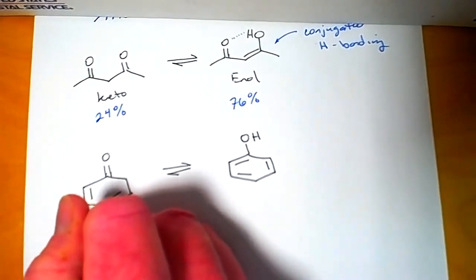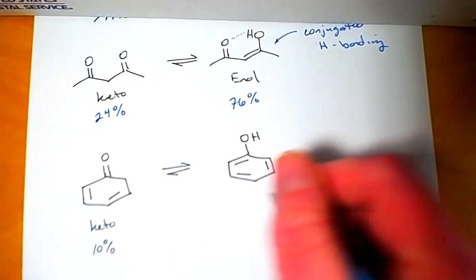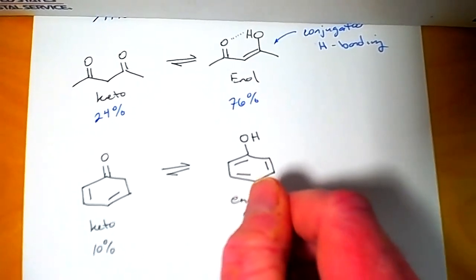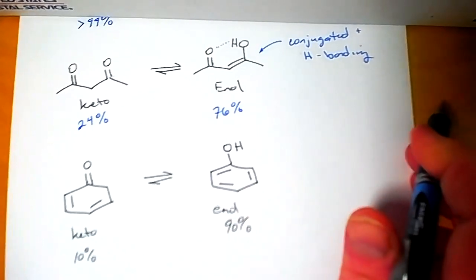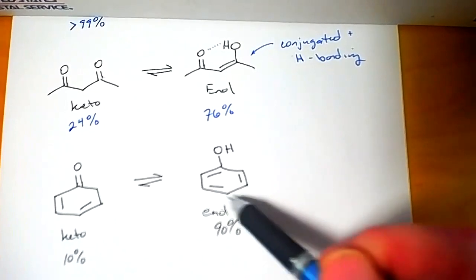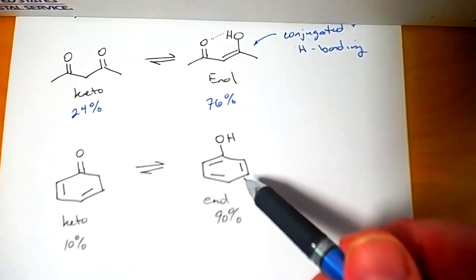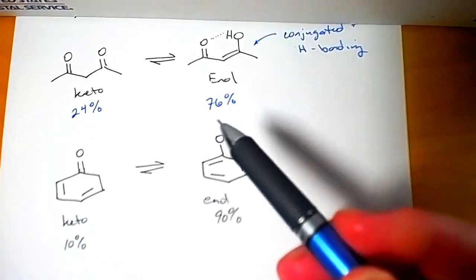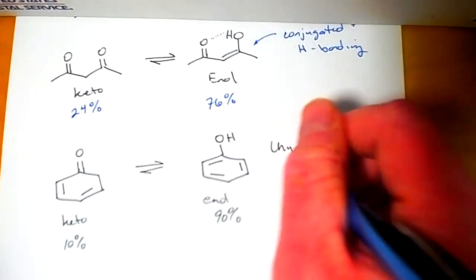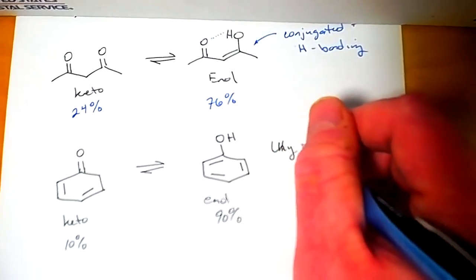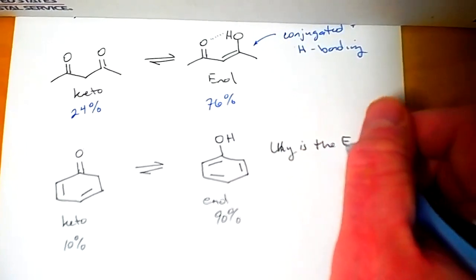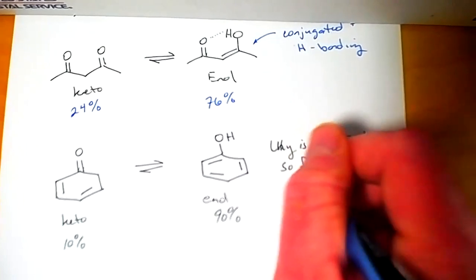In this case, the keto is only about 10%, and the enol is about 90%, so this is even more skewed. You can say definitely you have conjugation, but what else is present here? Why is this particular enol favored over that ketone?